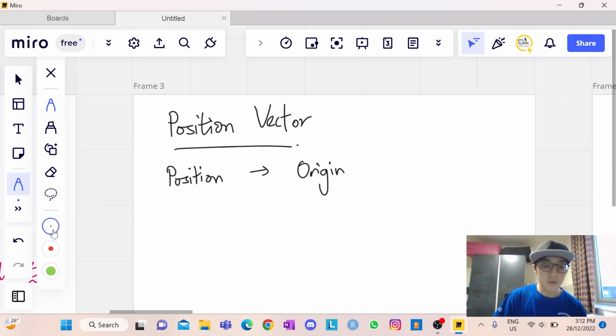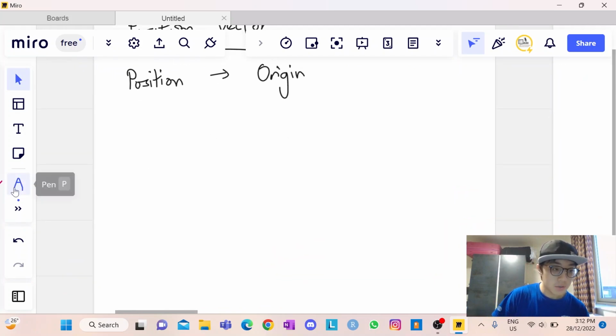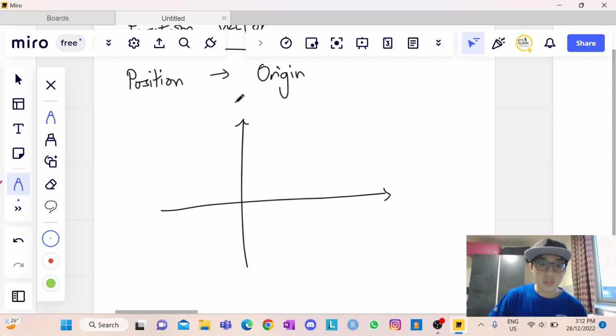If we draw a Cartesian plane, something like this, this is Y and this is X. Let's say this is A and this is B, and this is A to B. A position vector is from the origin.